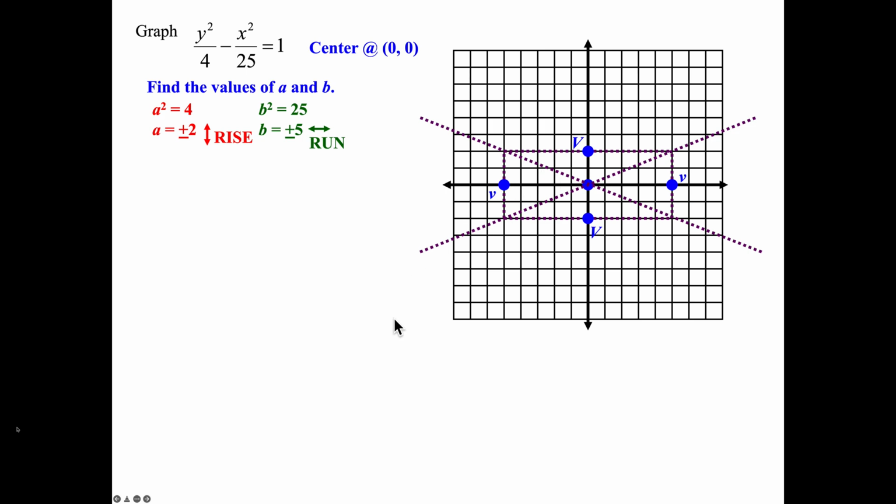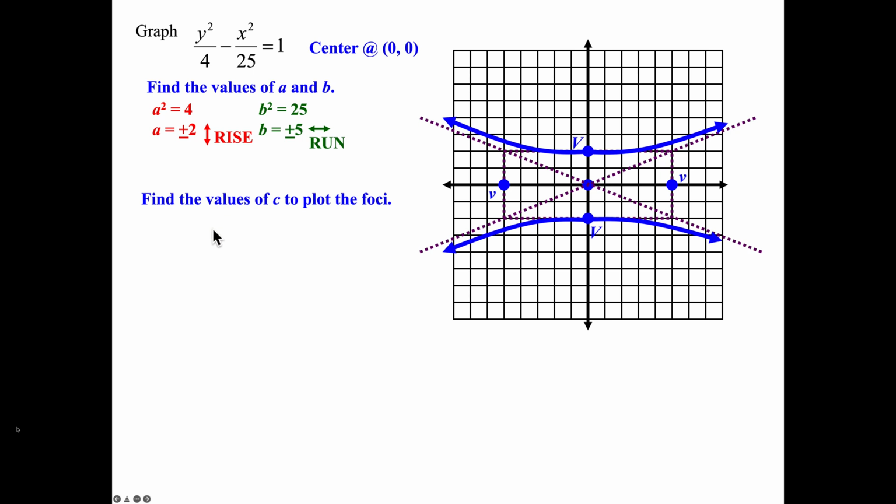There are my asymptote lines. Our vertices are up and down, so this is going to be really wide. So start here, literally barely touch the rectangular box, and turn right up that asymptote line, going in both left and right directions on top and bottom.